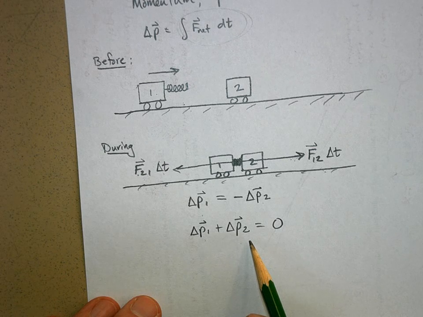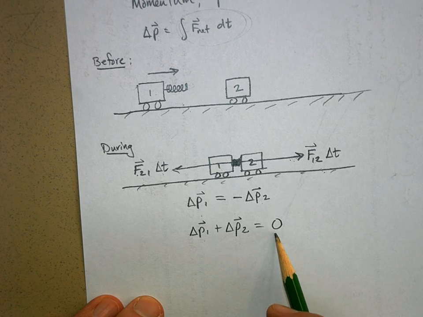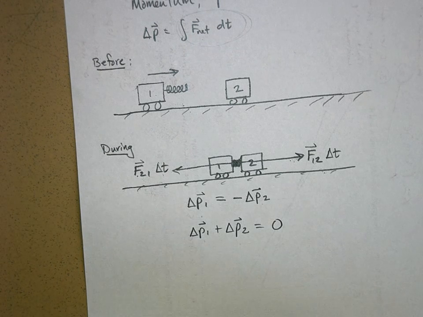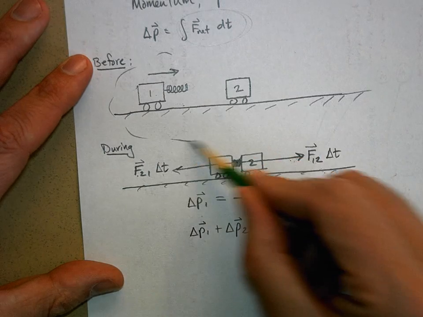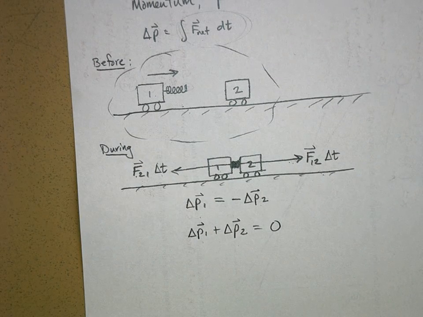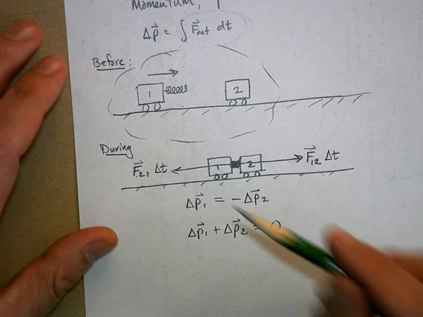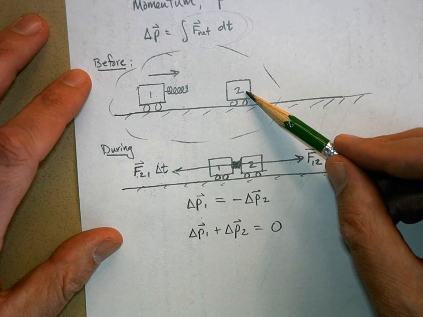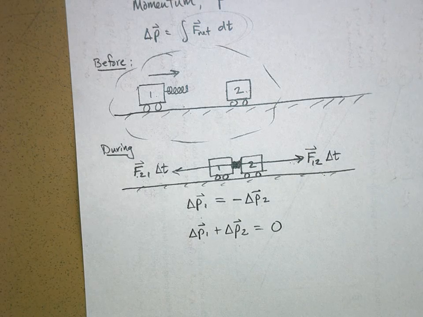And when I add up those changes in momentum, I get 0. Which means that overall, if I make these two objects my system, there's no change in momentum of my total system. This object gets its momentum changed, and this object gets its momentum changed, but for the whole system added together, there's no change in momentum.